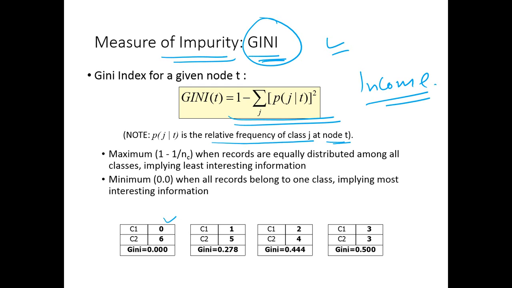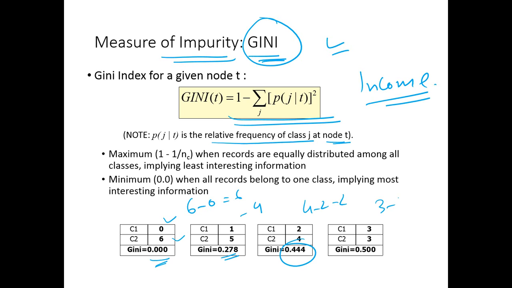C1 is 0 and C2 is 6. So these are two nodes. Gini in this case is considered to be 0. That's the best classification because the difference is more, right? 6 minus 0 is 6, so the difference is more. Here the difference is less, 5 and 1, so the difference is 4. Here the difference is even less, 4 minus 2 is just 2, so Gini increases.